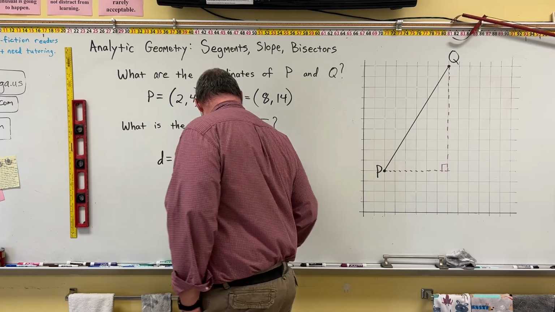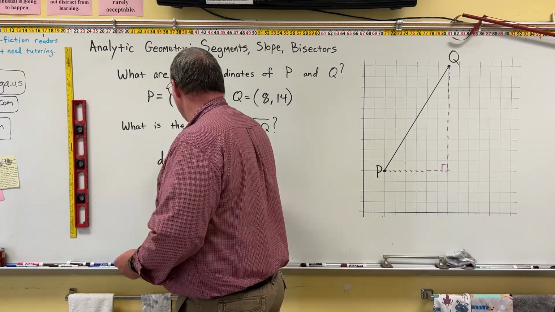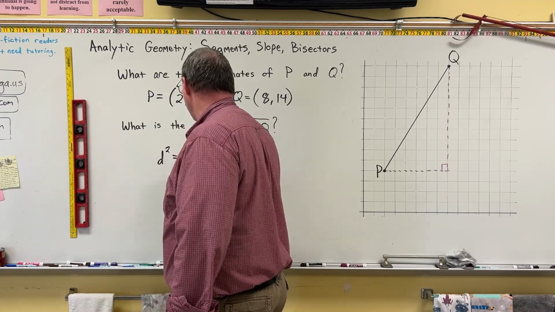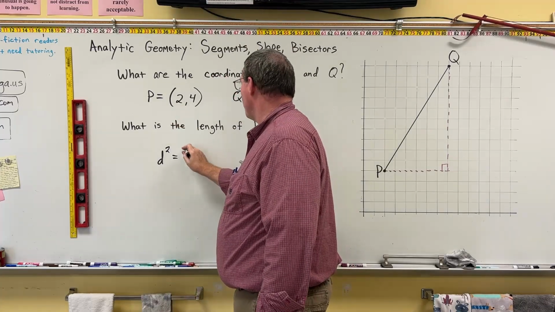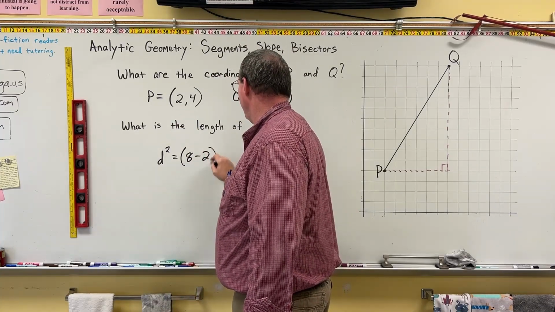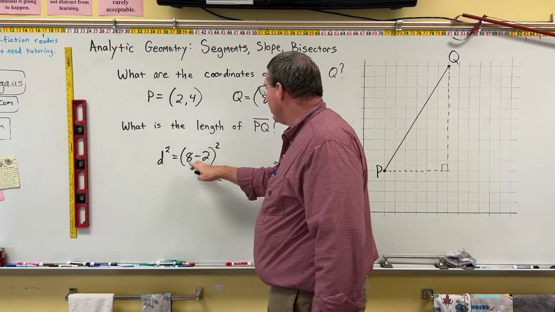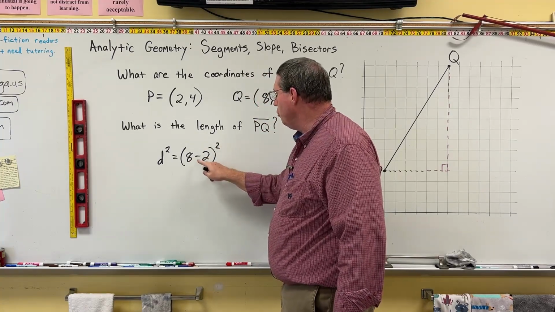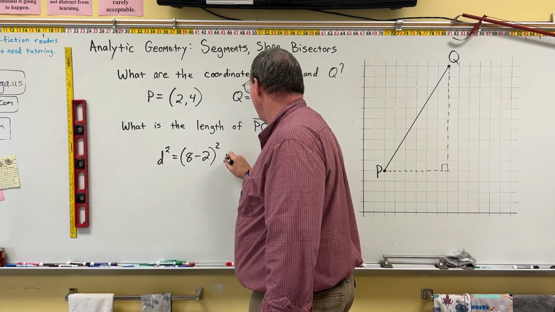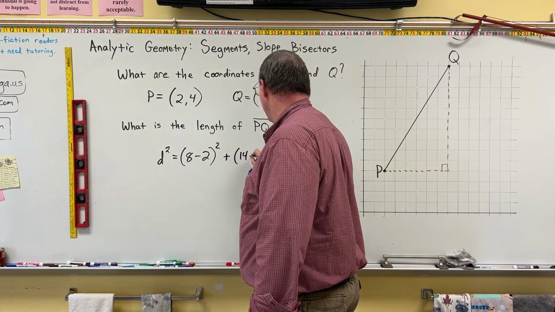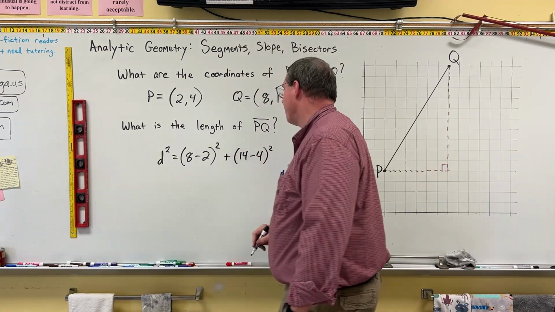So the distance, which is a hypotenuse, the distance squared is equal to 8 minus 2 squared. Now note, because this is being squared, 2 minus 8 squared is the same. It's going to be a positive number. Plus 14 minus 4 squared.